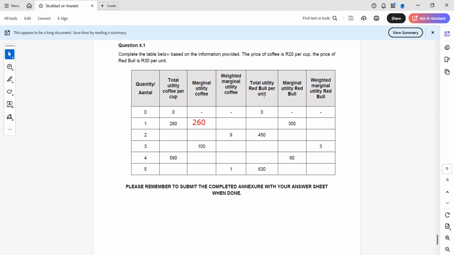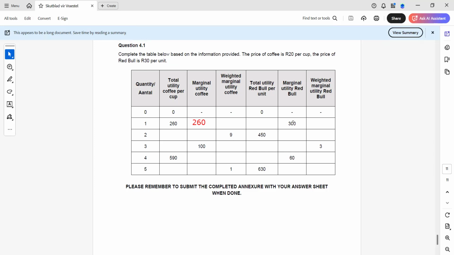But you know that to get marginal utility, since your quantity change is just 1, you're going to divide by 1. When you're dividing by 1, you get the same answer. So even here, if you said 260 minus 0 divided by 1, we get 260. This is why I didn't even divide by that quantity.